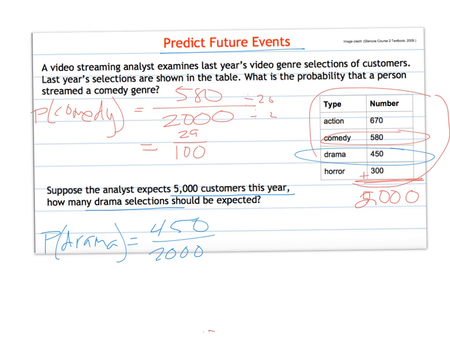So we can take 450 out of 2,000 and say, if this is the case, how many out of 5,000 would that be? This is prior knowledge, setting up proportions to find a missing value.